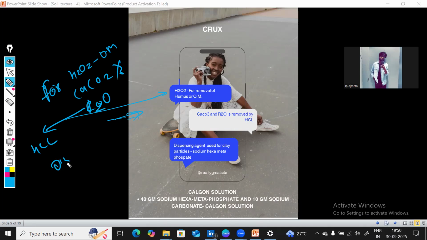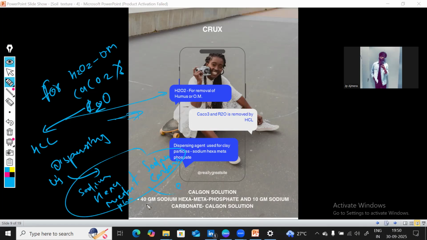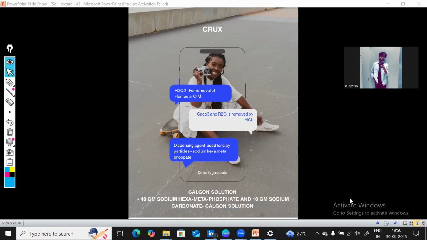And the dispersing agent is sodium hexametaphosphate plus sodium carbonate. That together we know as Calgon solution. What is the percentage? 40 grams sodium hexametaphosphate and 10 grams sodium carbonate. That is the percentage of this stuff. Good. Let's jump to the next one.